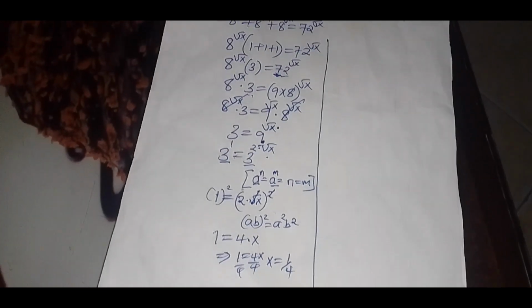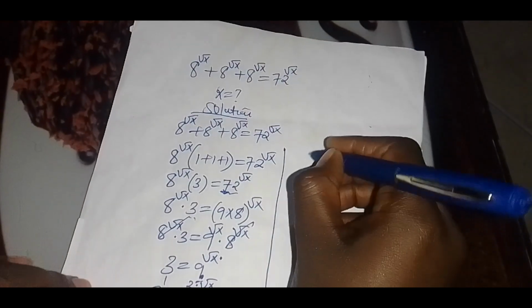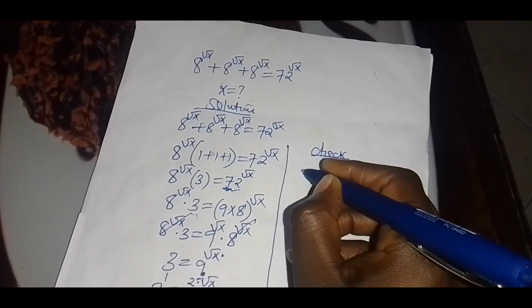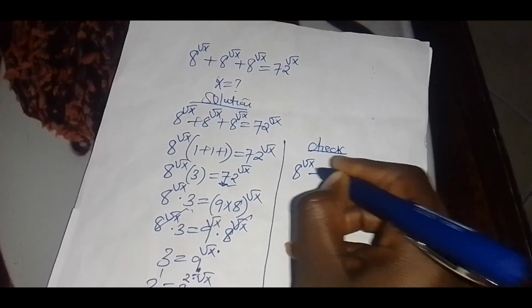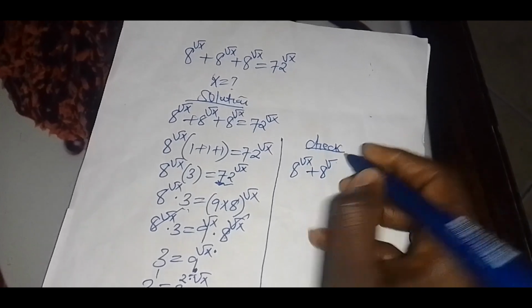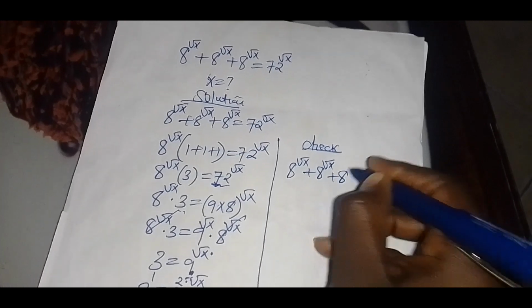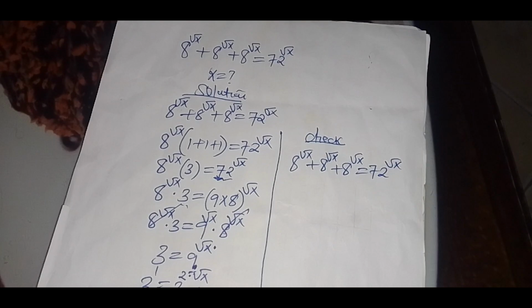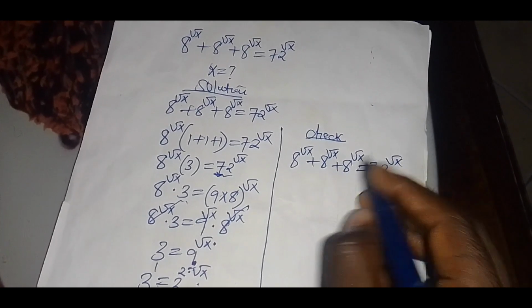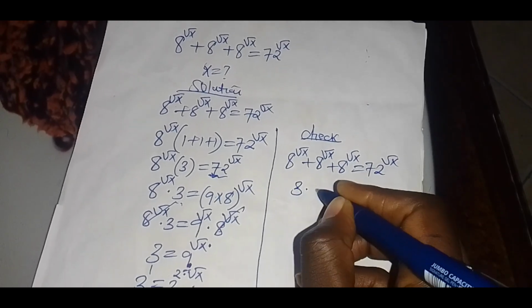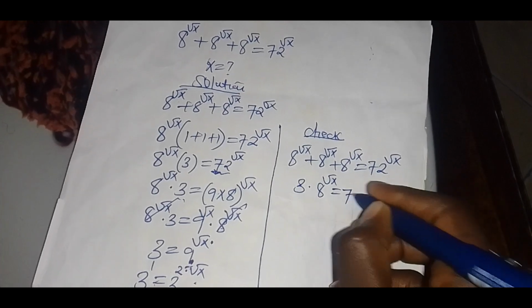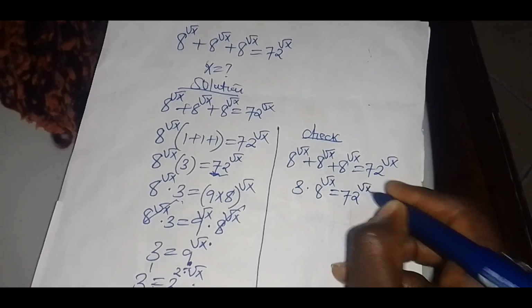Now we need to verify if this is true. Remember, we have 8 raised to power square root of x plus 8 raised to power square root of x plus 8 raised to power square root of x. This is supposed to give us 72 raised to power square root of x. This is the same as saying 3 multiplied by 8 raised to power square root of x, equal to 72 raised to power square root of x.